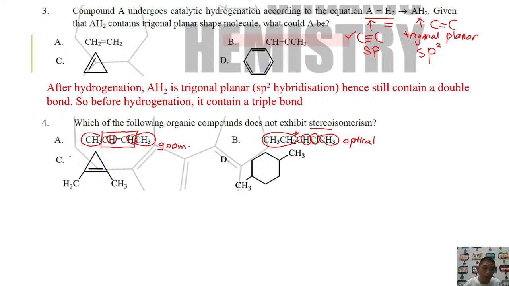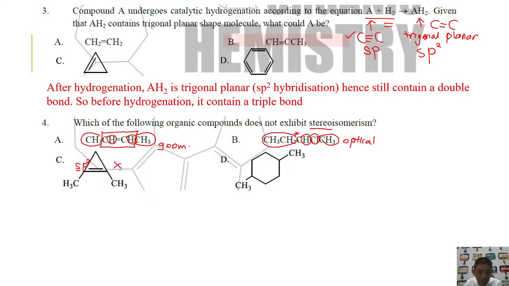As for C, in the cycloalkene, this is sp2 hybridized, so it cannot exhibit geometrical isomerism because here you don't have hydrogen anymore. And in terms of optical, it also cannot.